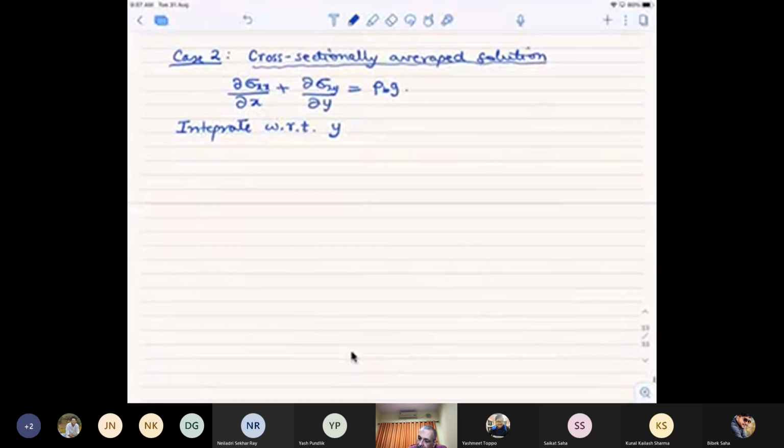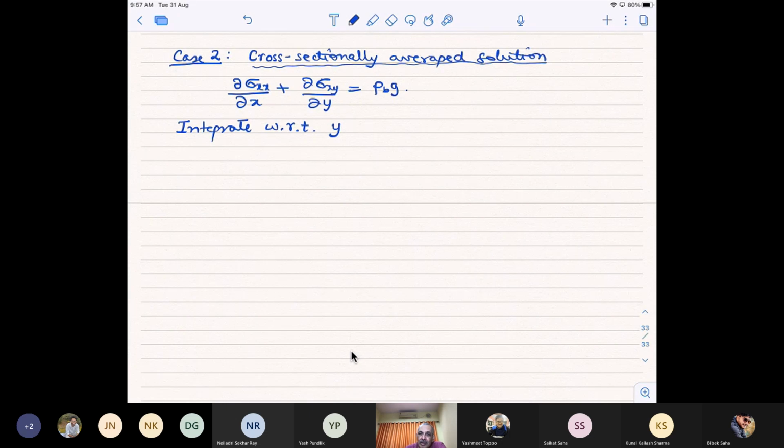If we have to integrate with respect to y, we are actually integrating in the cross section of the bin. So what we are going to do is we'll integrate every term with respect to y. Because this is just a constant, I can just take it out.